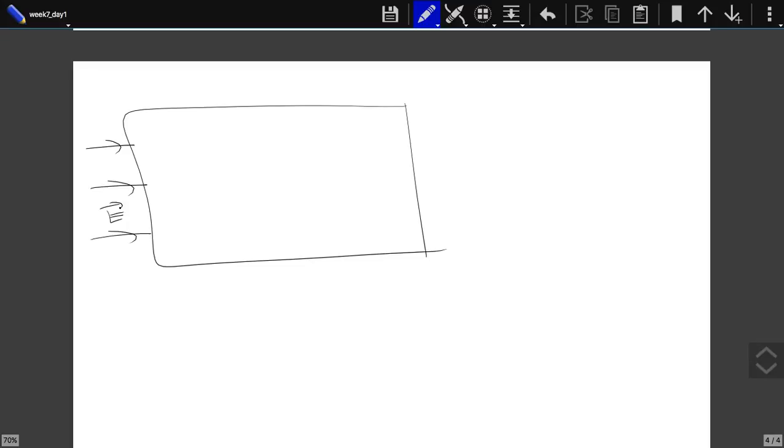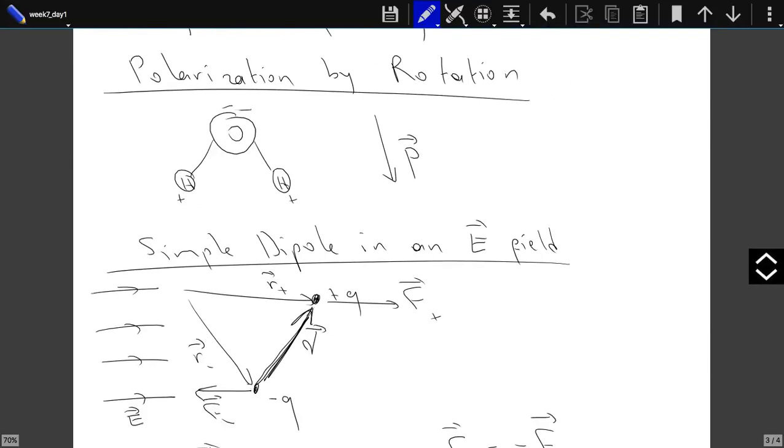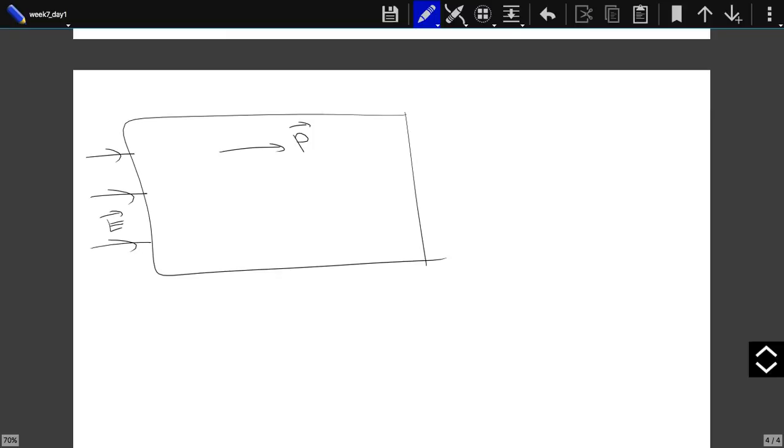And once they are shifted, it will create a dipole moment in the direction of the electric field. So each atom or molecule will have a dipole moment in the direction of the electric field. The other case is when you already have polar molecules, like water, that have a permanent dipole. They will try to align with the external electric field.